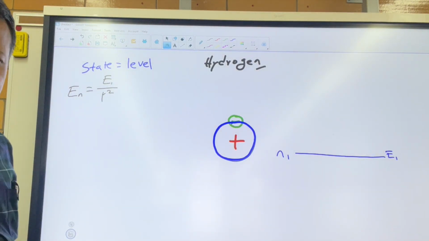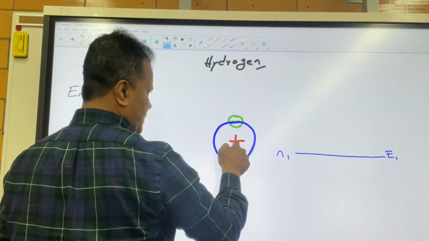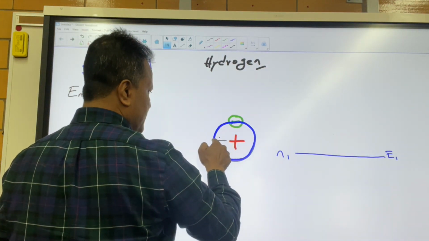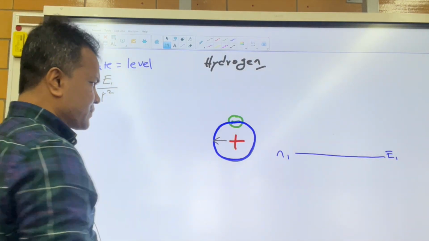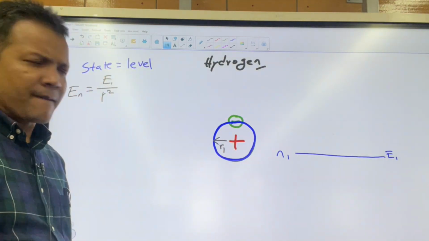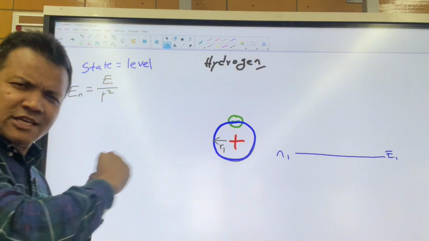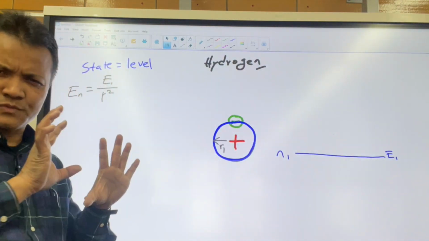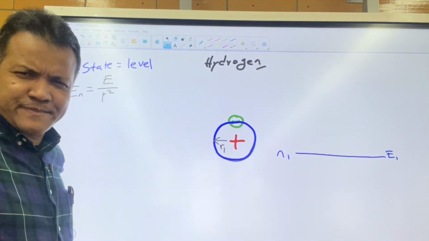What is R? R is the radius between the proton and the first shell. That's R1. R1, N1, E1, they are connected. So far so good.